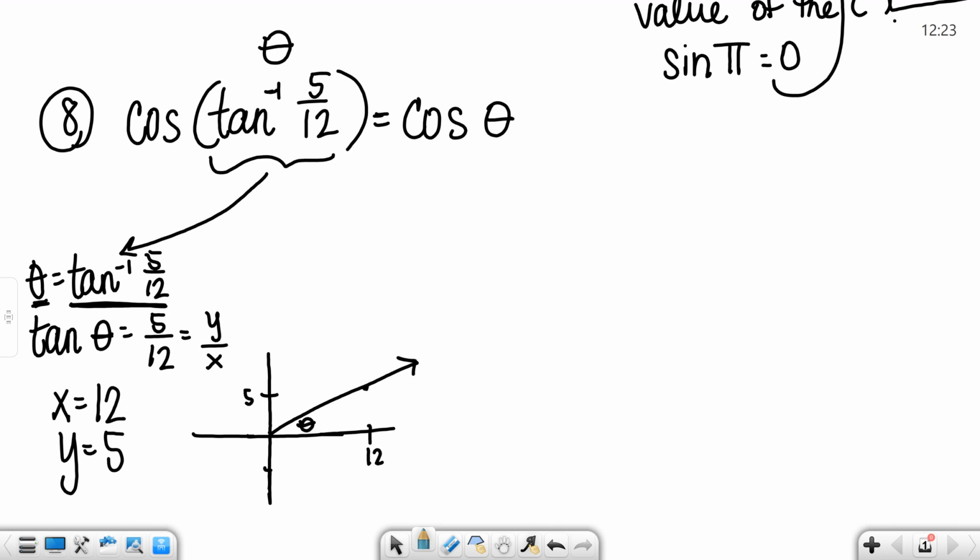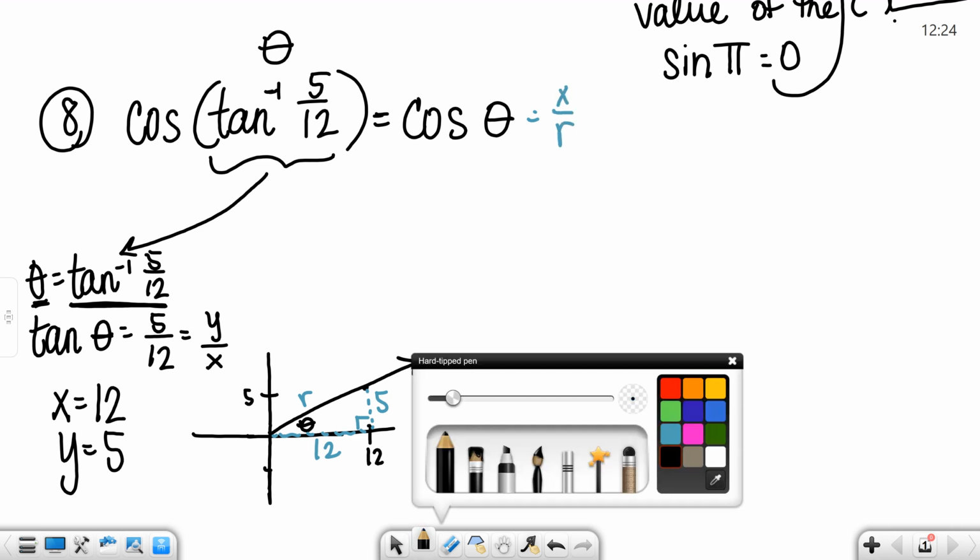I could draw myself a little triangle. I know this is 12. I know this is 5. Remember that the value right there would be r. And now we have this little right triangle, and I could do the cosine if I knew what r was, because cosine is x over r.